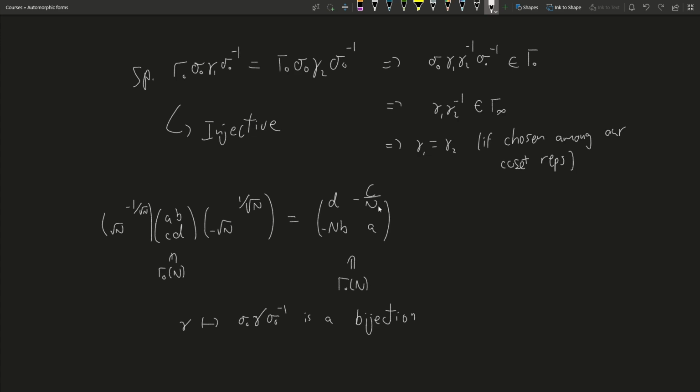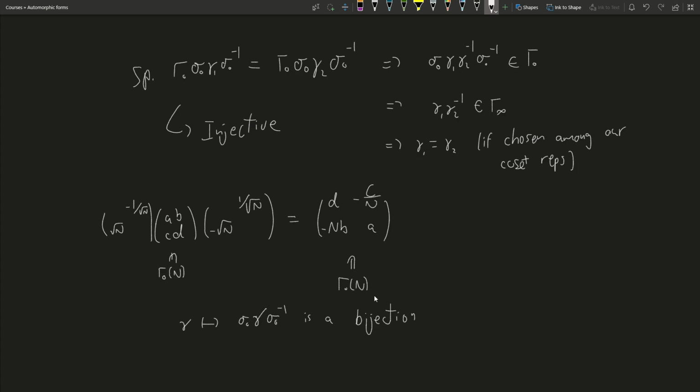This ranges over all integers. The C ranged over integers divisible by n, so just minus that divided by n ranges over all integers, and similarly this ranges over all integers divisible by n if B originally ranged over all integers, and you can see that the determinant is still AD minus BC, so it's still an element of gamma naught n, etc., etc.